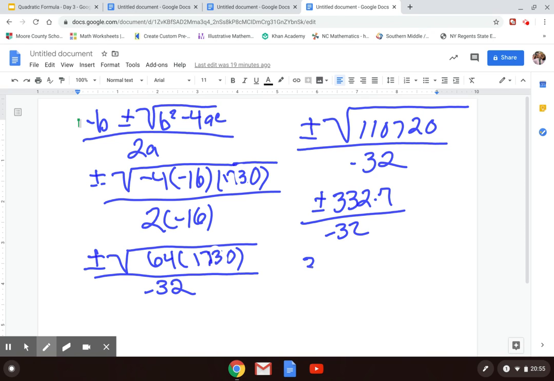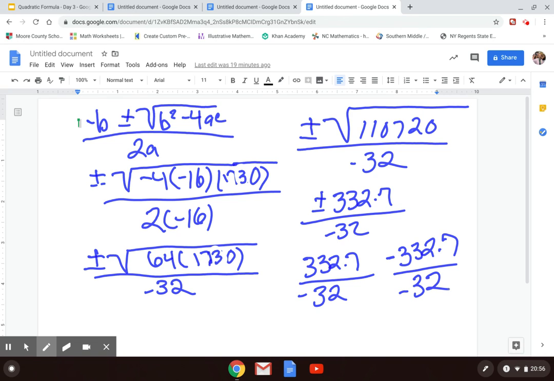So remember, that means I have 332.7 divided by negative 32, and I have 332.7 as a negative. When I do all of this math, I end up with 10.39 seconds, which would round to 10.4. So I have a negative 10.4 seconds here, and then a positive 10.4 seconds here.